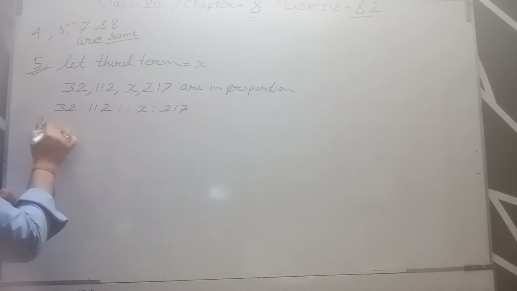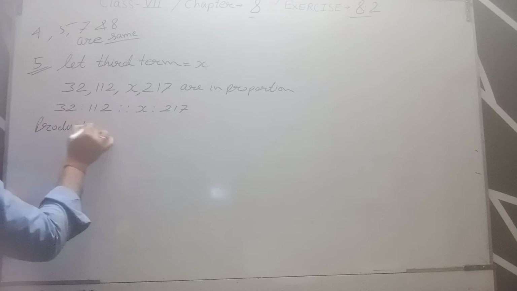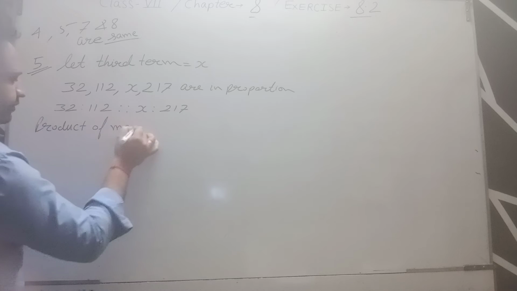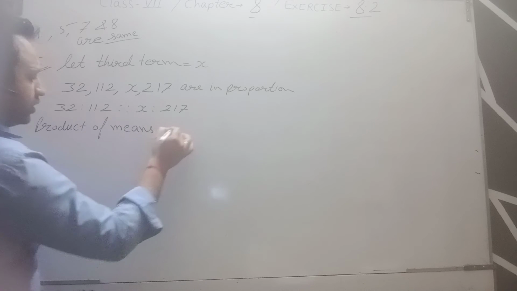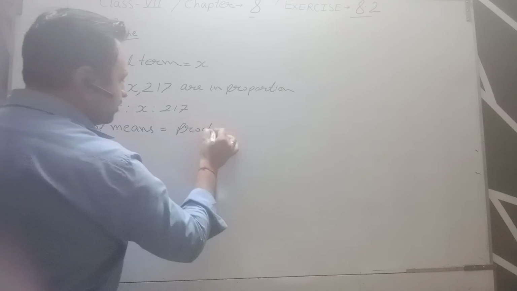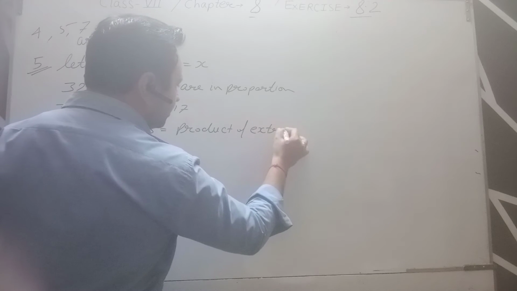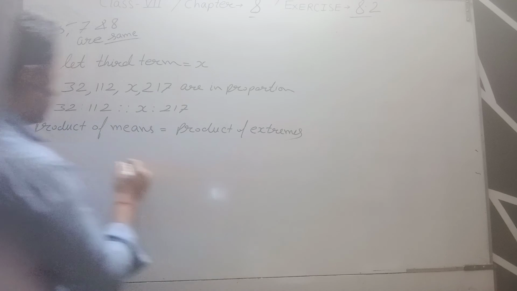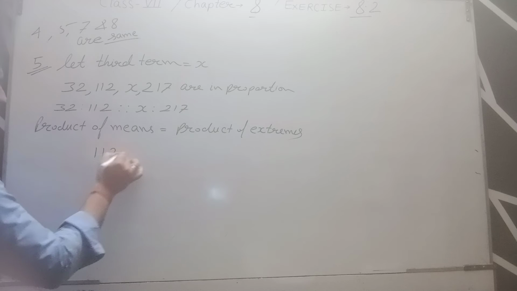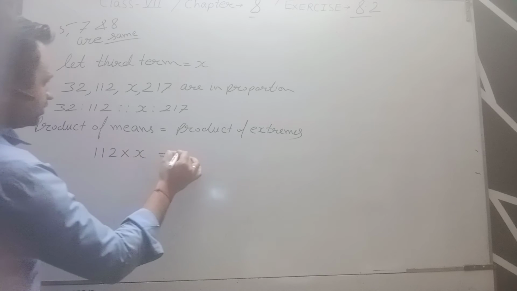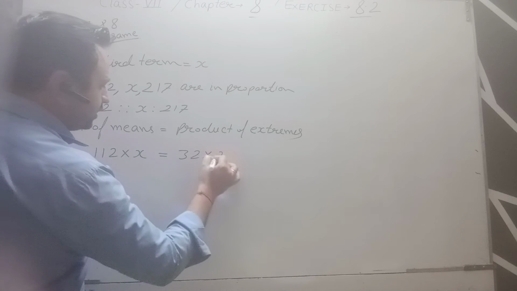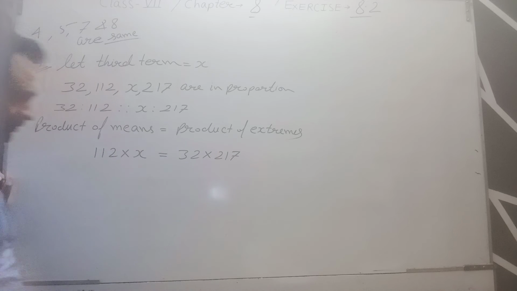It means product of means is equal to product of extremes. So simply 112 multiplied by x is equal to 32 multiplied by 217.